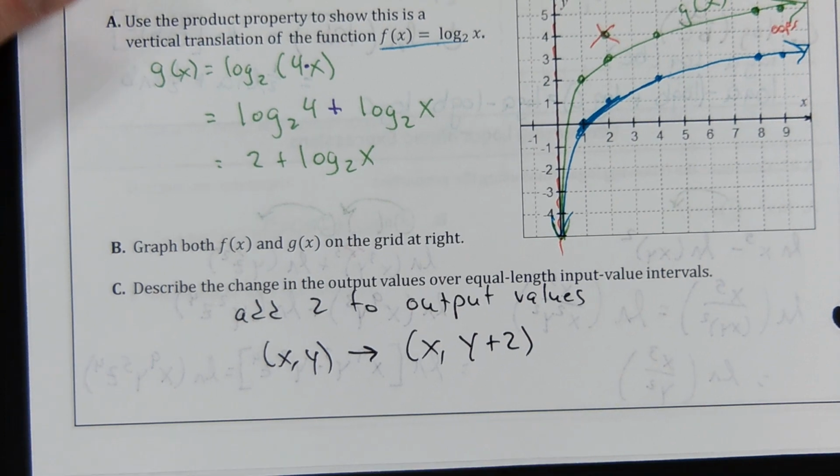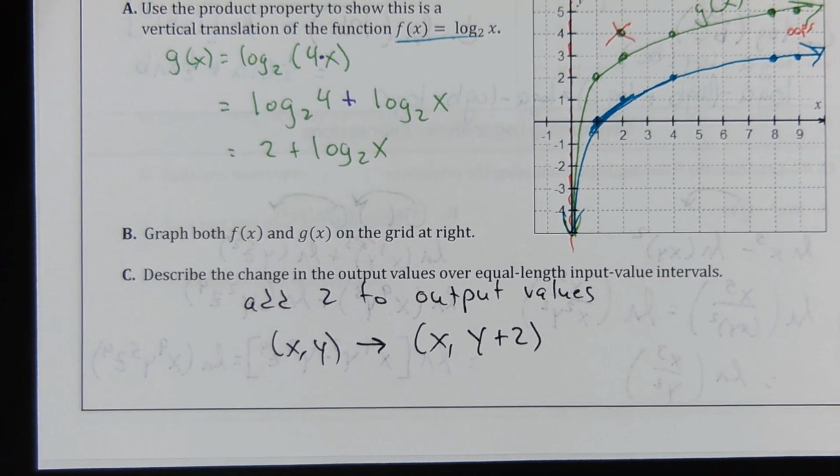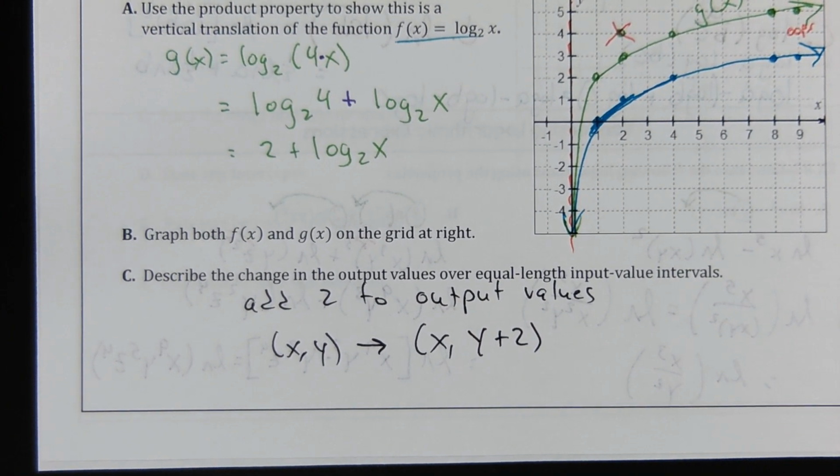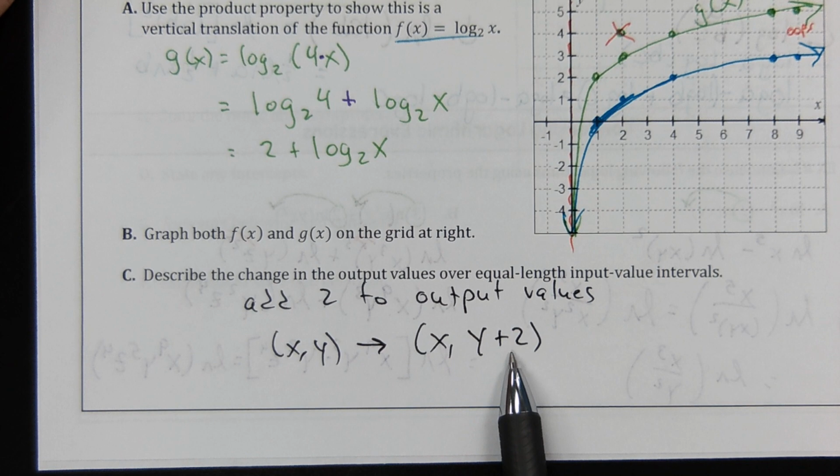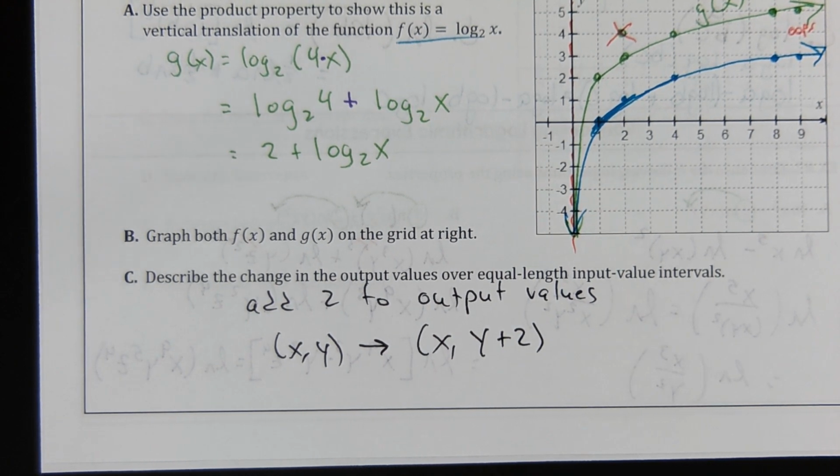Well, what's interesting is for logarithms, 1/4 x, comma y is the same as x, comma y plus 2. So 2 different rules giving us the exact same graph.